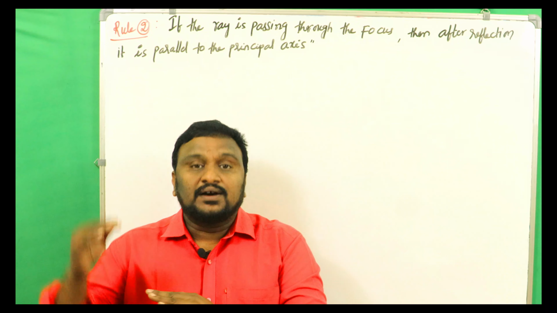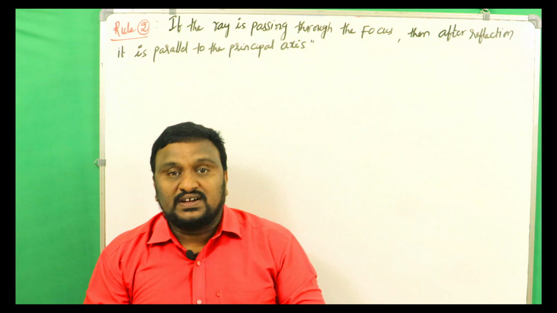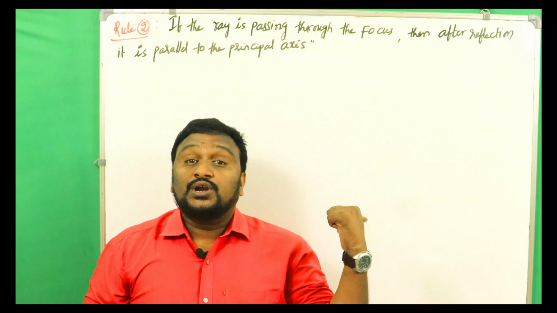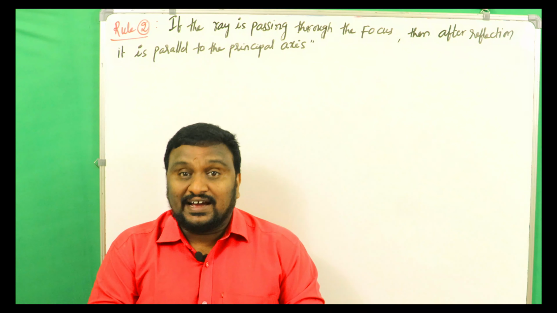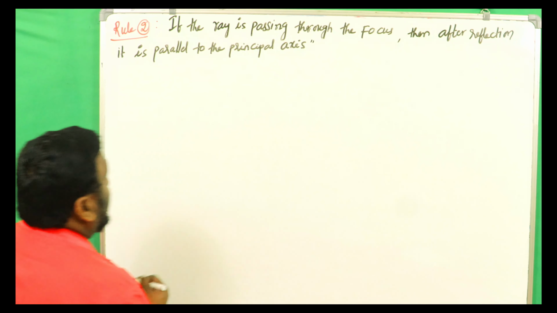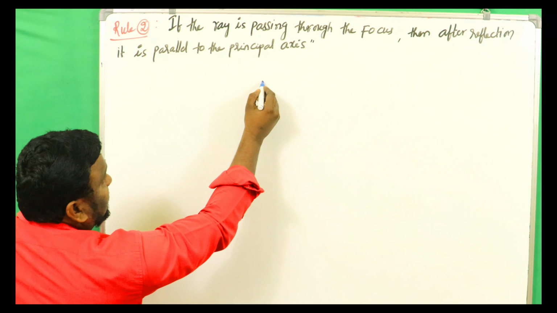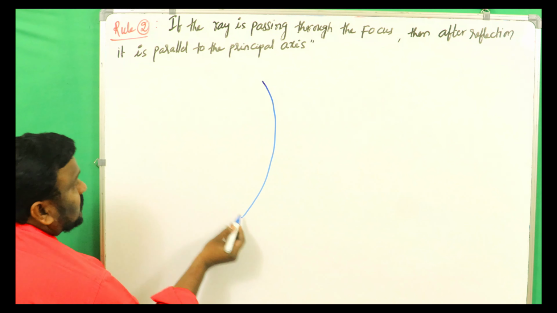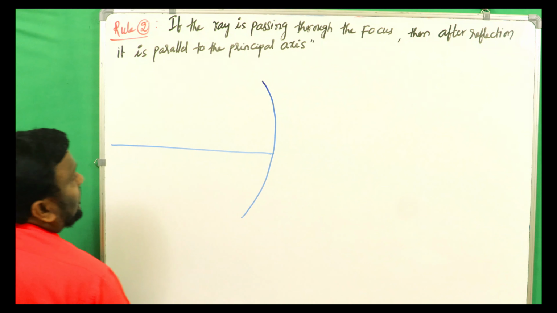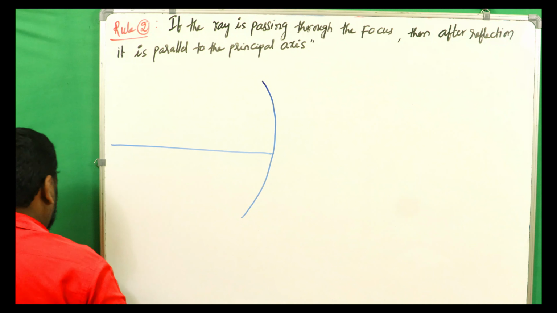If the ray is passing through the focus, after reflection it is going to be parallel to the principal axis. Let's discuss for both concave and convex. So this is a concave mirror and this is the principal axis.